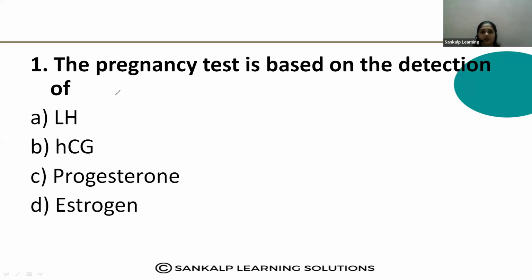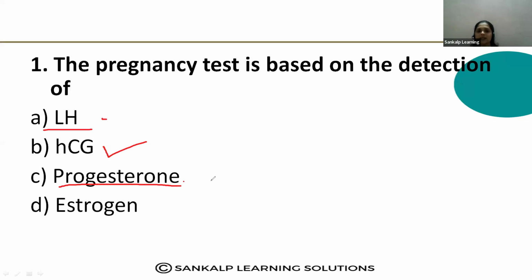Okay, look at the first question. The pregnancy test is based on the detection of which hormone? Yes, first one answer is human chorionic gonadotropin. Okay, this luteinizing hormone is more at the time of the release of the ovum. Ovum release ಆಗ್ಬೇಕಾದ್ರೆ luteinizing hormone ಜಾಸ್ತಿ ಇರುತ್ತೆ, but not at the pregnancy. It is not helping for the detection of the pregnancy.